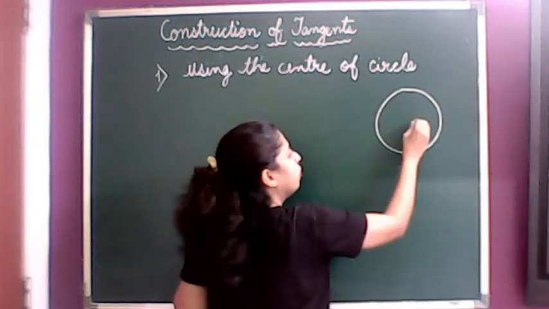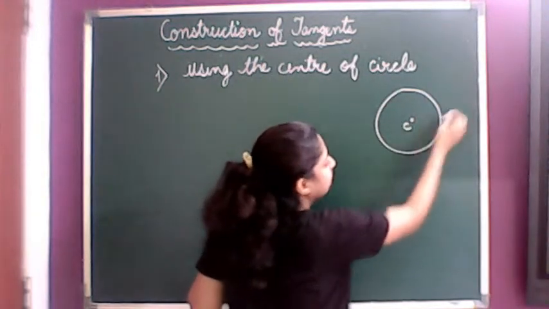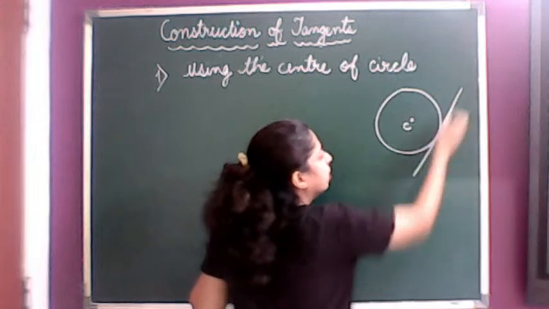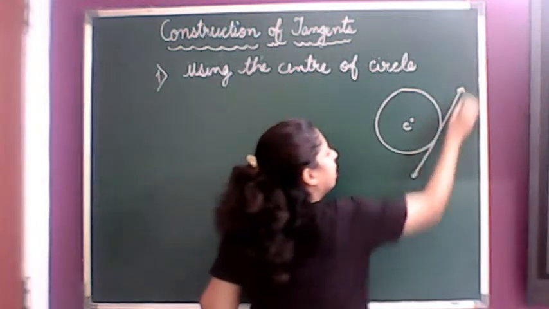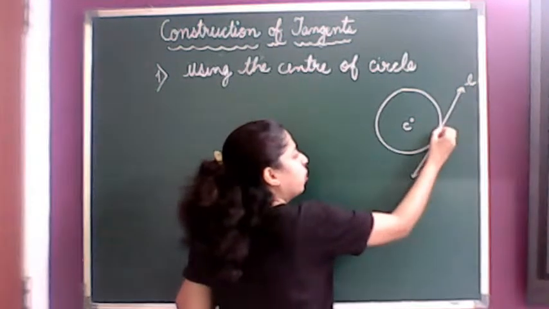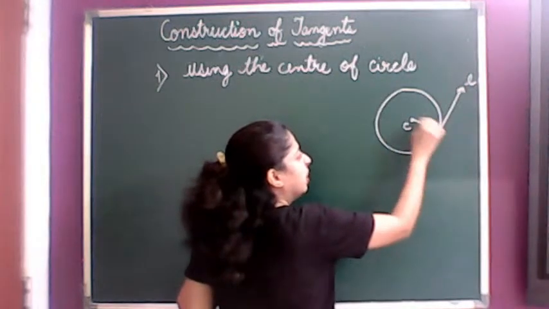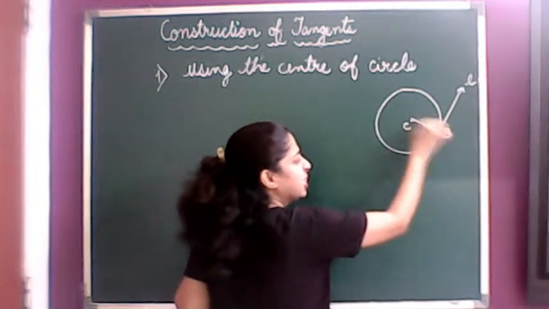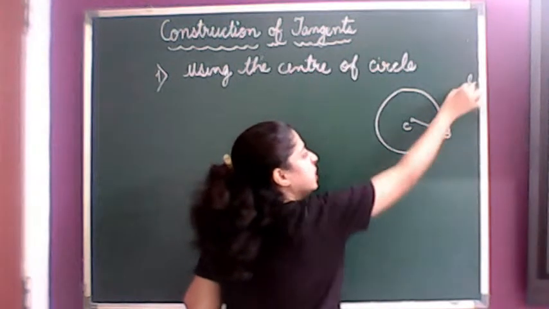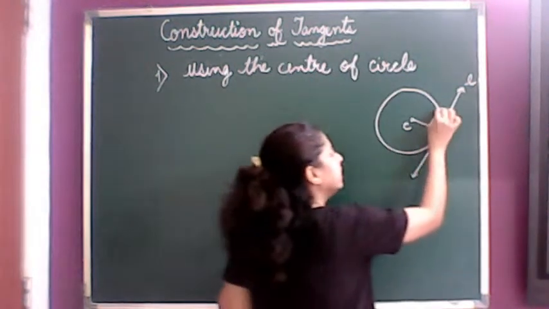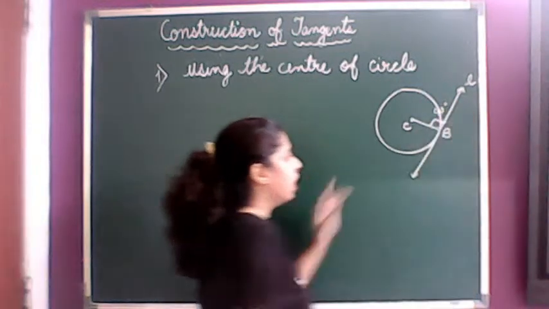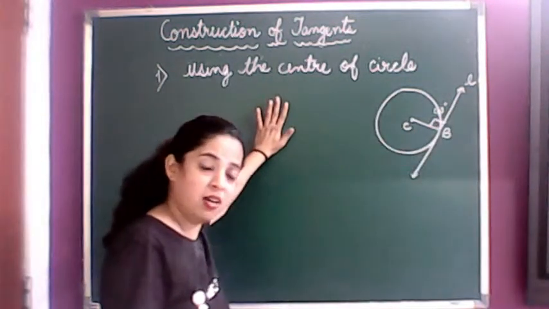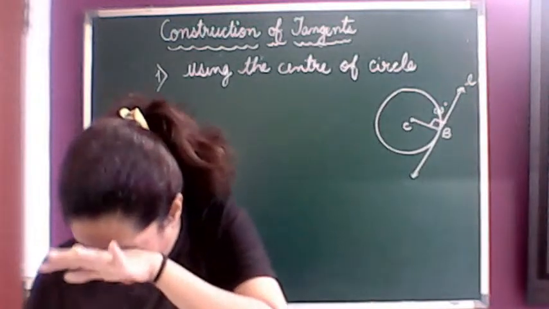If there is a circle with center C, and there is a tangent L, then the point of contact B, if I join it with the center, gives the radius CB. The radius is always perpendicular to the tangent, that is, it is 90 degrees to the tangent. This property we will use in drawing our first construction. So let's go ahead quickly.